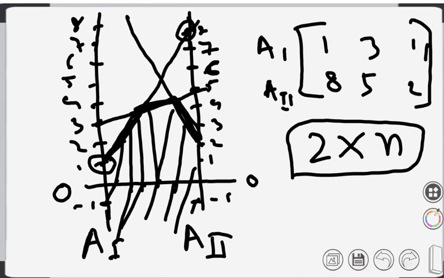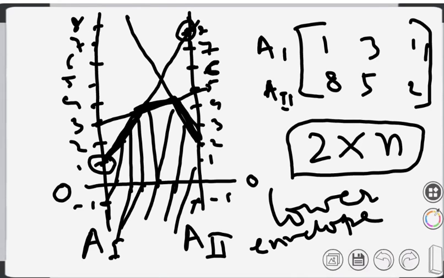Please write: for a 2 cross n matrix, we have to choose the lower envelope. Envelope means a closed region in the lower portion of the graph. See, this is how I have drawn it brightly. This is the closed region plot, the lower envelope.